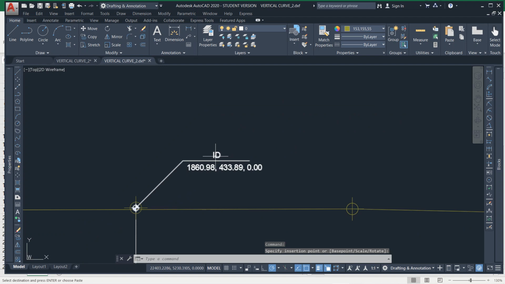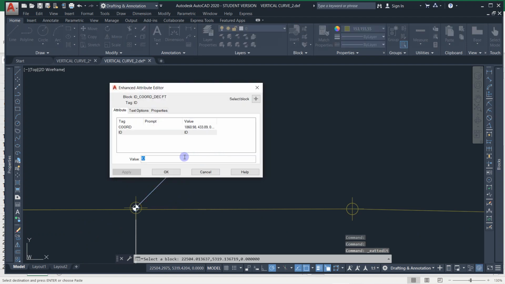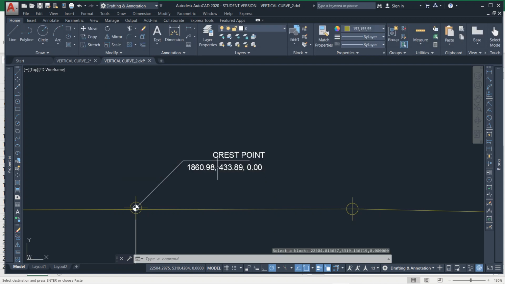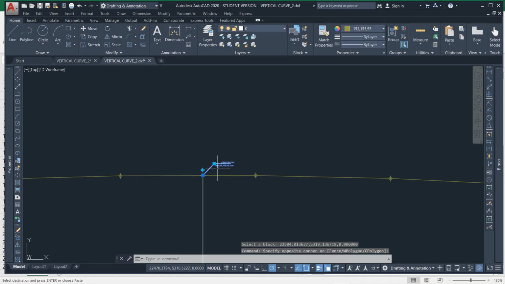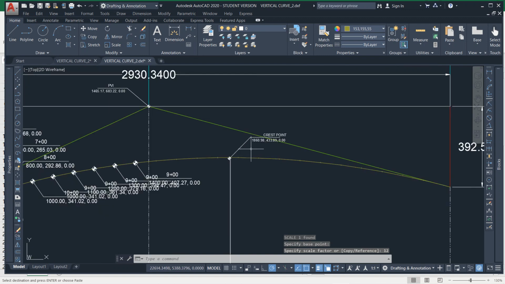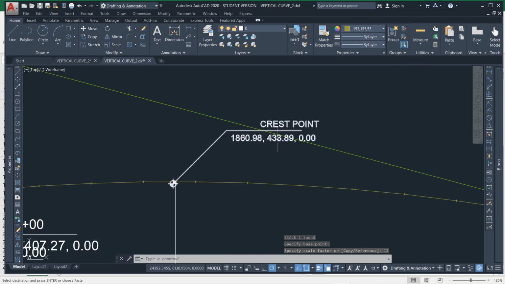Then if you double click that and right click on the value and edit the value, we call that the crest. Enter, and there you go. Then we scale that up, SC. All right, that's how you get that 1860.98, 433.89.